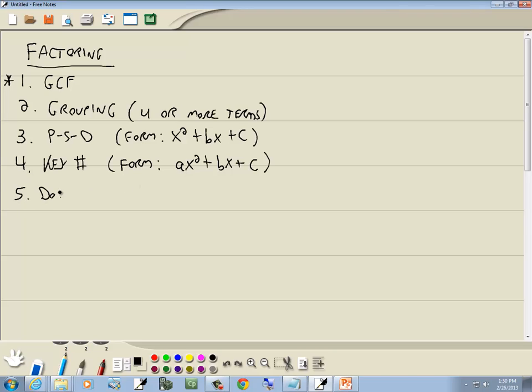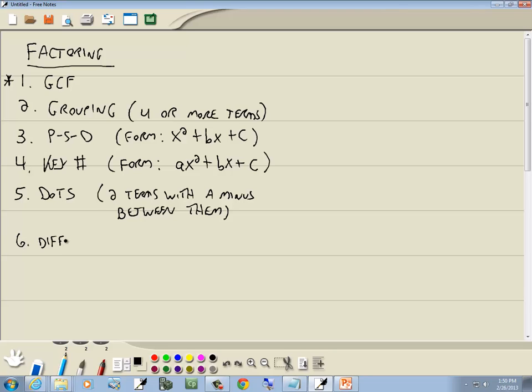Our fifth method is DOTS, difference of two squares, and this is 2 terms with a minus between them.